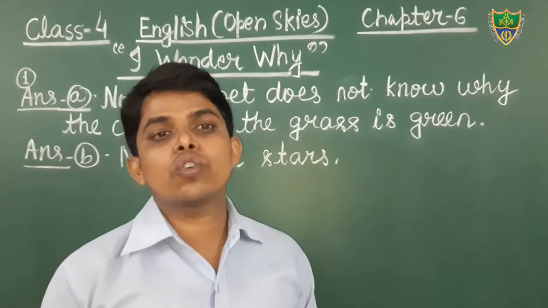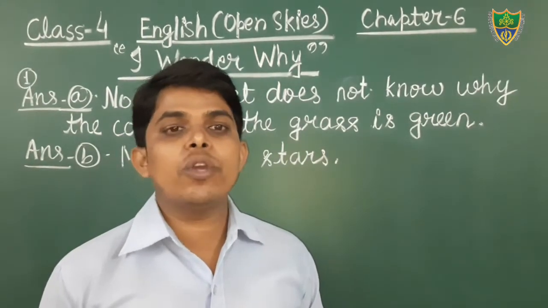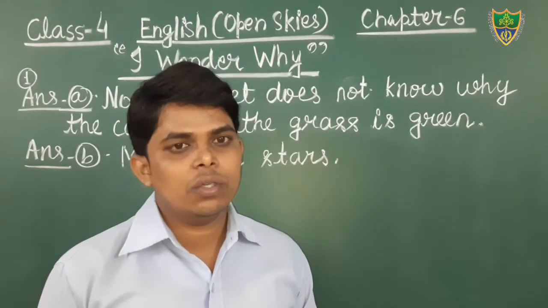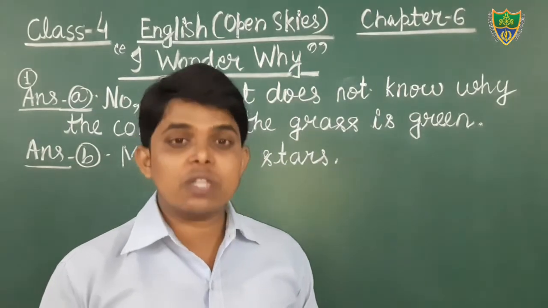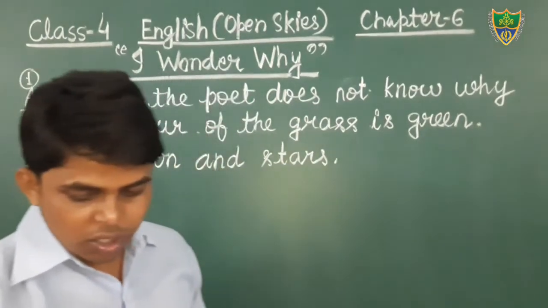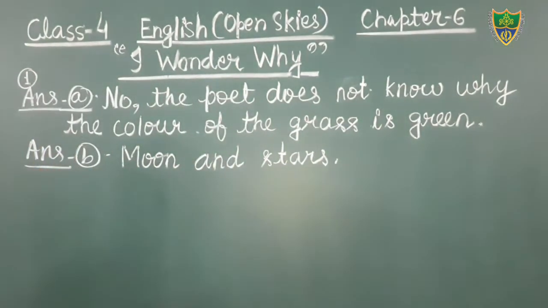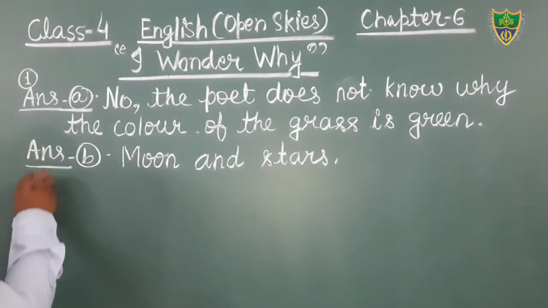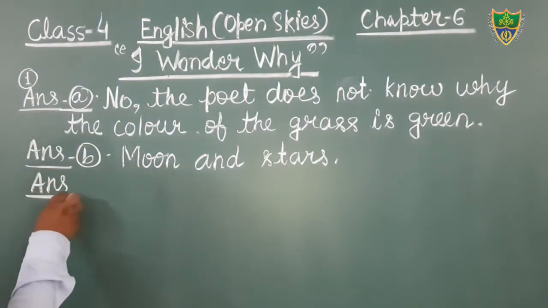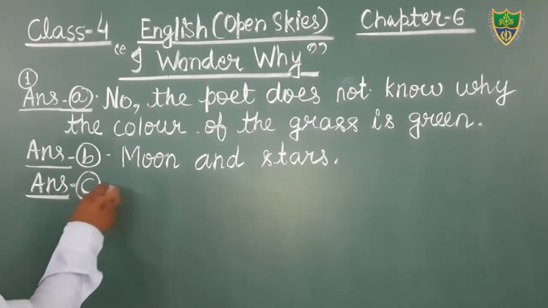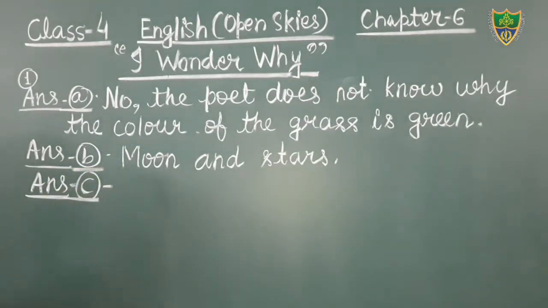Dear students, there are so many things that the poet wants to know in this poem, but we have to mention only three things. Okay, so just write down first the question number C, and then you will write the answer. What three things does the poet want to know about? Okay, I am going to write the answer.